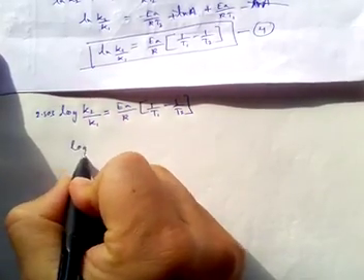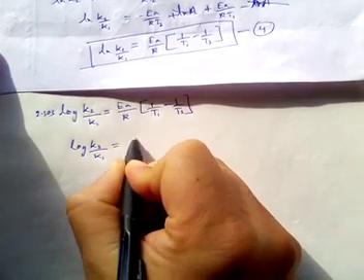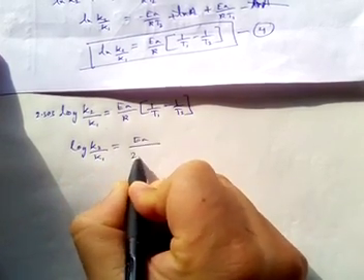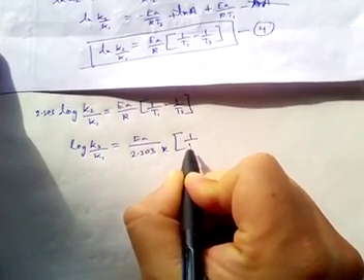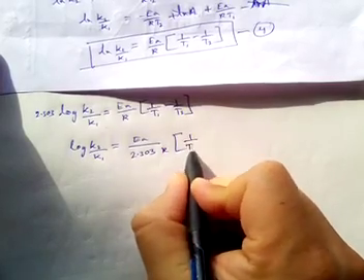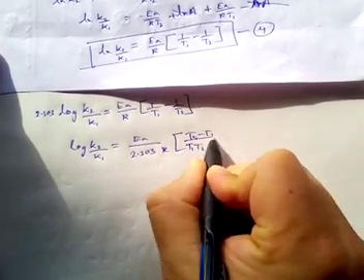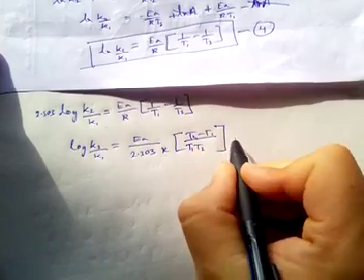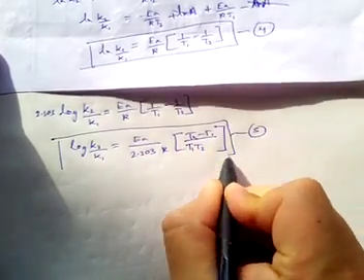So log k2 by k1 is equal to Ea by 2.303 R times 1 by T1 minus 1 by T2. The LCM is T1 T2, so here comes T2 minus T1 in the numerator. Right, so this is the equation, and this one is also a very important equation.